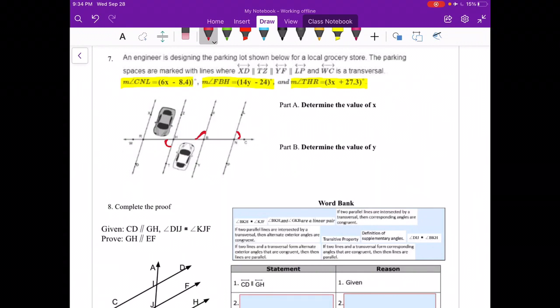Now, if you think about it this way, this is actually two different sets of parallel lines that share one transversal. The transversal in this case is line WC, and our sets of parallel lines are XD, TZ, YF, and LP.